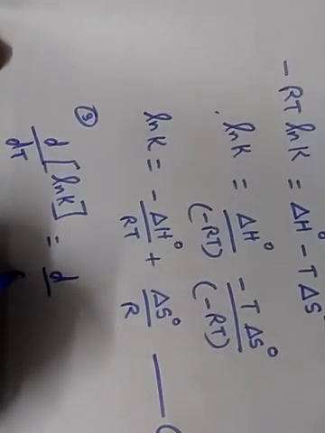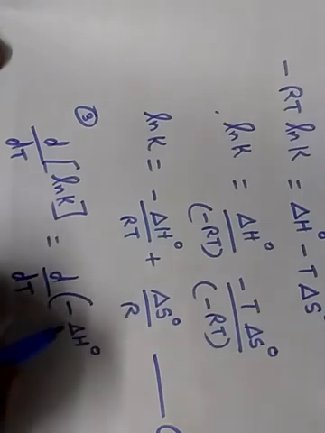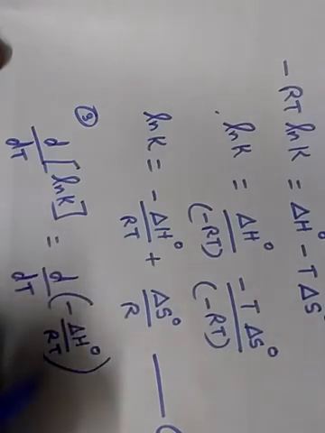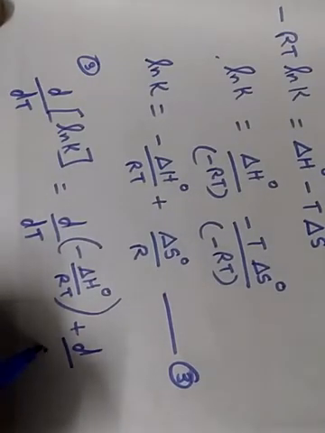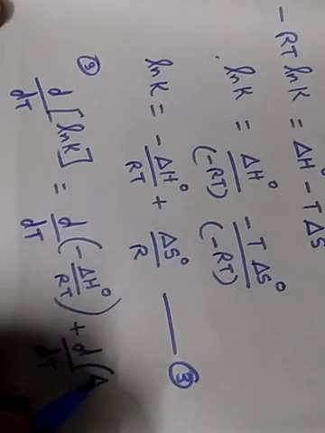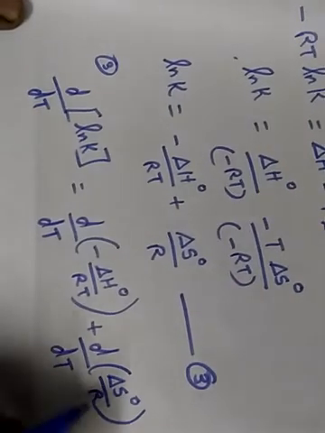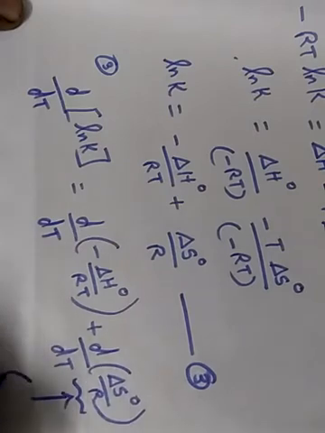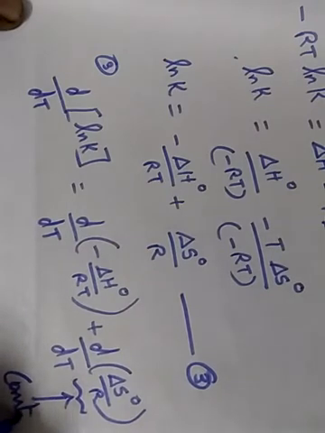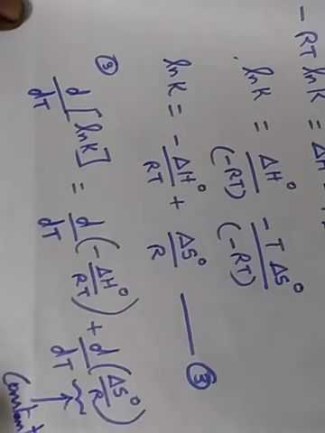So d by dT of minus del H naught by RT plus d by dT of del S naught by R. This term, del S naught by R, is constant. The entire term is constant. So differentiation of a constant is 0. So we can write this value straight away as 0.